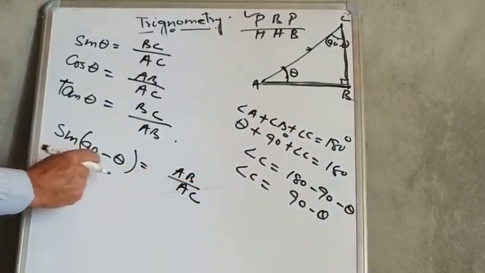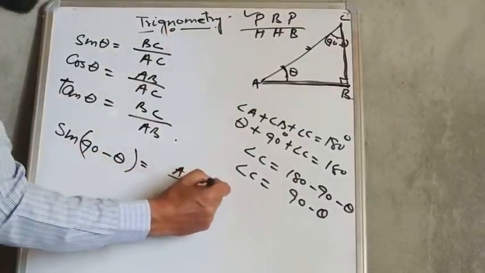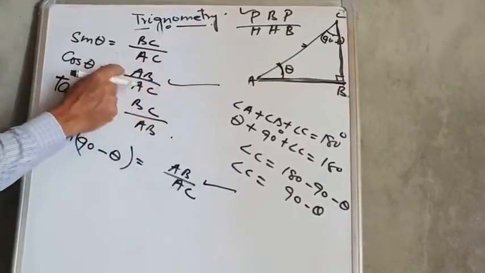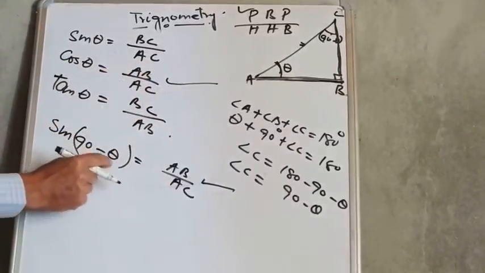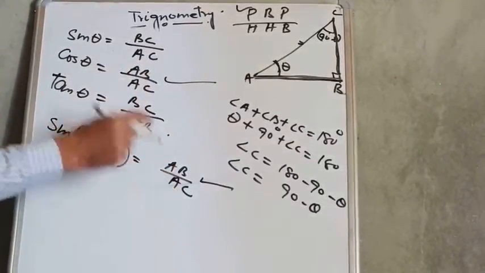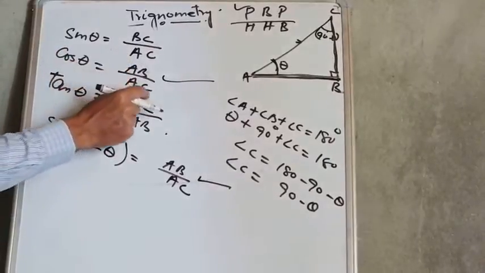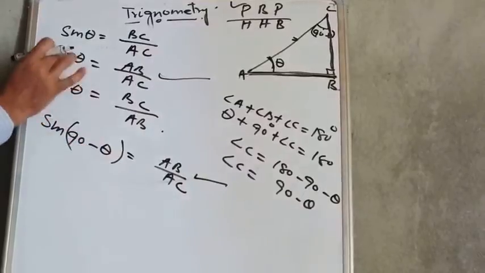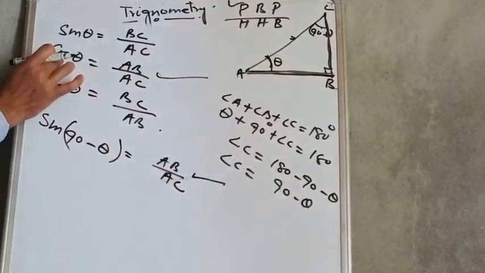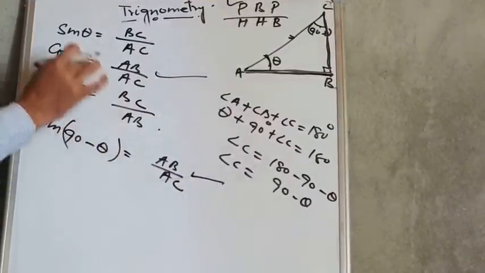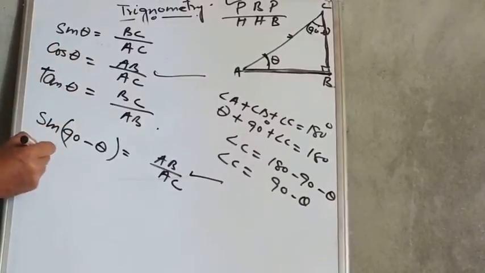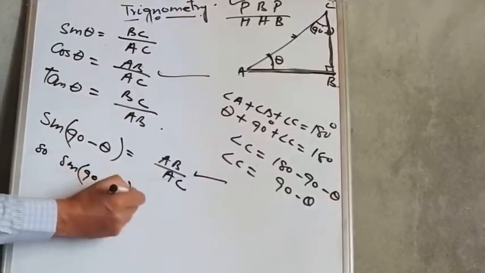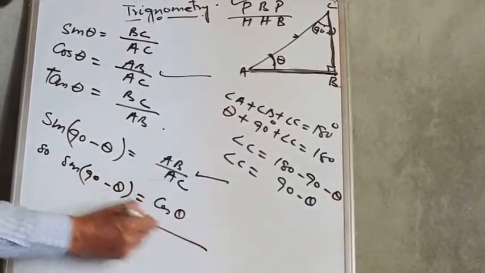So sin(90 minus theta) is equivalent to AB by AC. What is cos theta? That is also AB by AC. Now see, sin(90 minus theta) is equal to AB by AC and cos theta is equal to AB by AC. So right hand sides are equal. Therefore, sin(90 minus theta) is equivalent to cos theta. This is very simple.